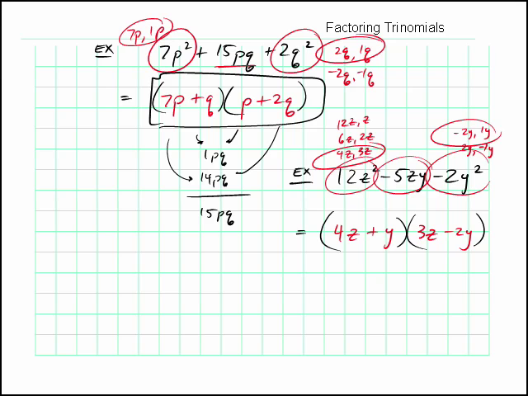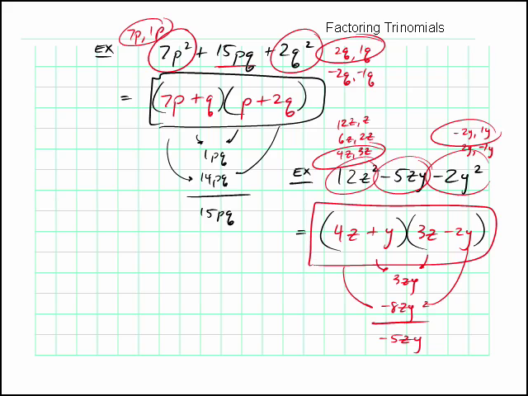And let's check and see if I have the correct arrangement. That's 3yz, or 3zy. Let me fix that. 3zy. This times this is negative 8zy, and that does add up to the correct middle term, negative 5zy. And there's my factorization.